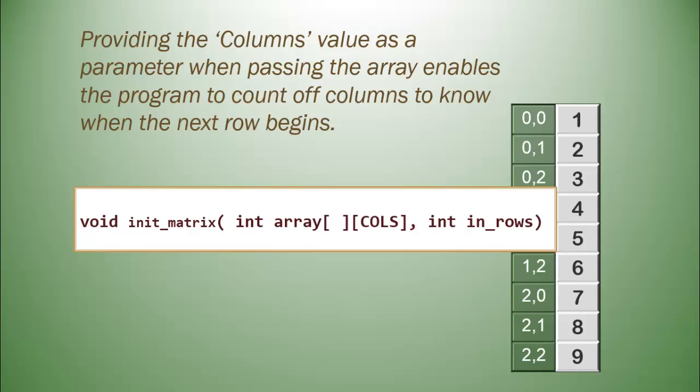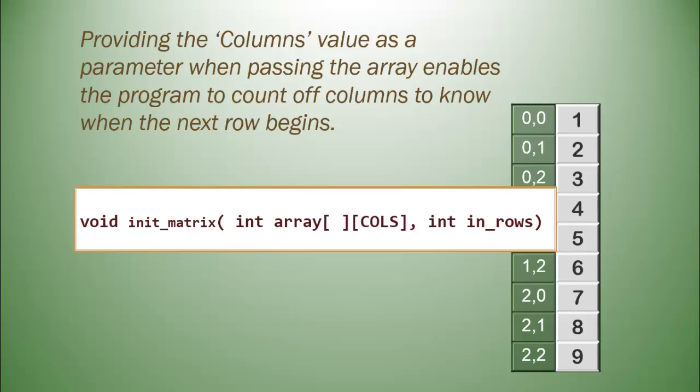And so you see in this function signature init matrix, we provide the identifier for the array. It's an array of integers, and we provide first the empty square brackets to tell it that it is an array, and then a second set of square brackets, and within that we place the column's number.